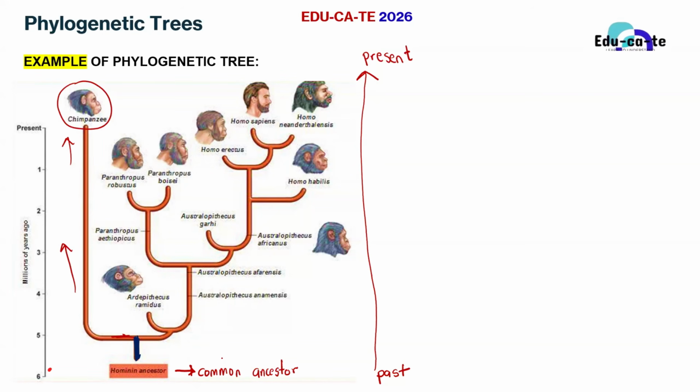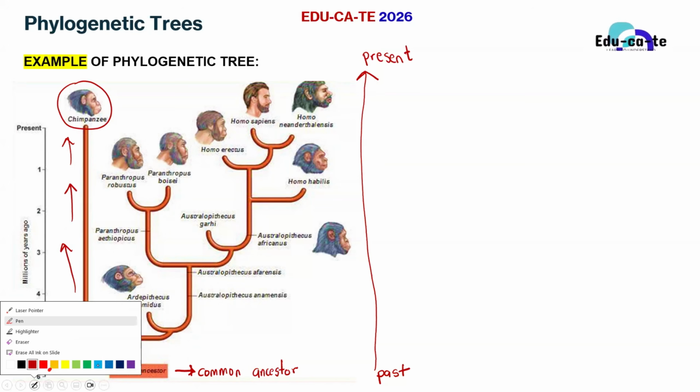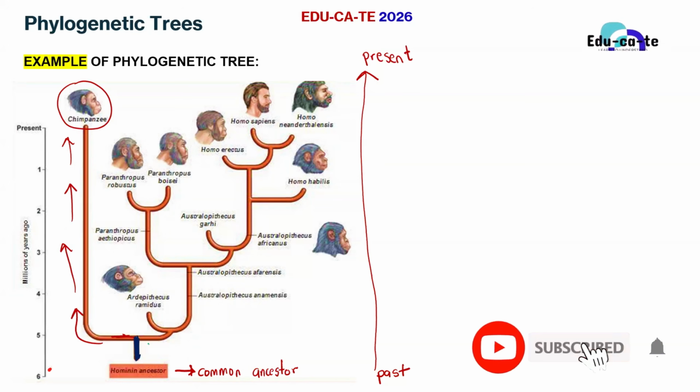The oldest hominin ancestor underwent speciation to form a chimpanzee, and it also formed another species which we didn't really give a name here.